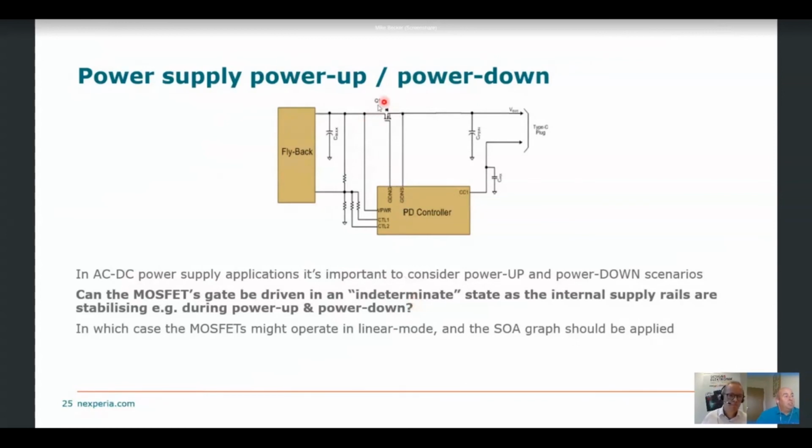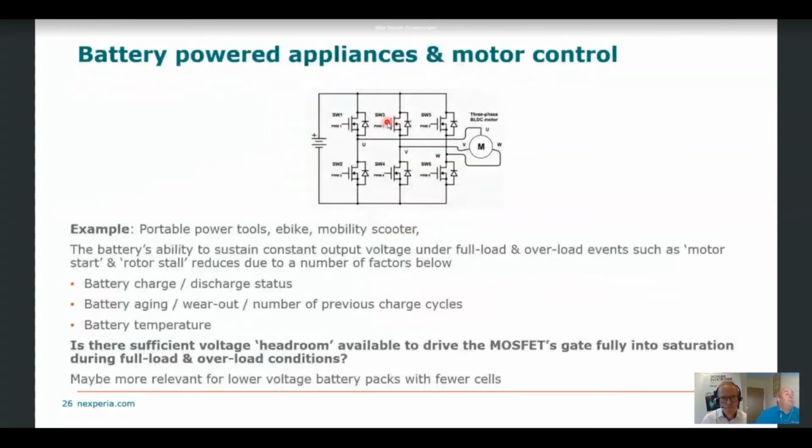Once the power supply is up, you're driving the MOSFET with a steady 10 volts. But during the power up or power down point, you might be driving that MOSFET with 4 or 5 volts on the gate, in which case it operates in linear mode.